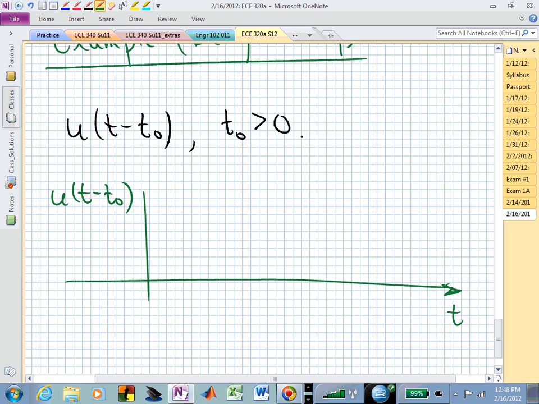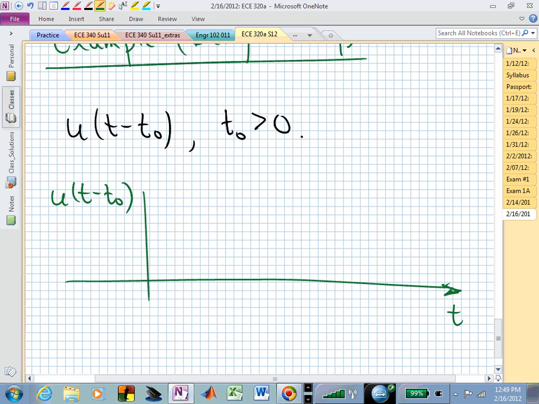Okay, the unit step hasn't changed any. We've just created a variation on the unit step. The unit step turns on for all values of time where this argument is non-negative, where it's bigger than 0.